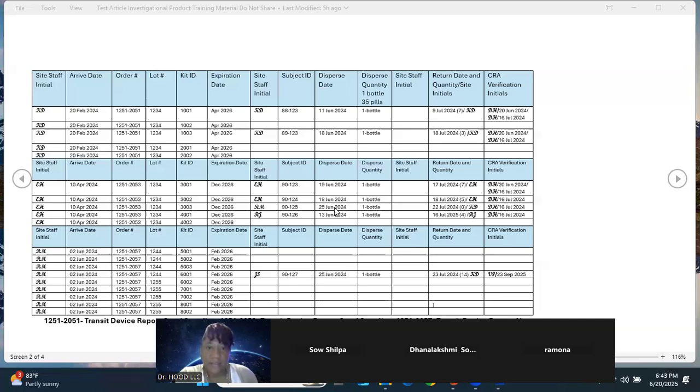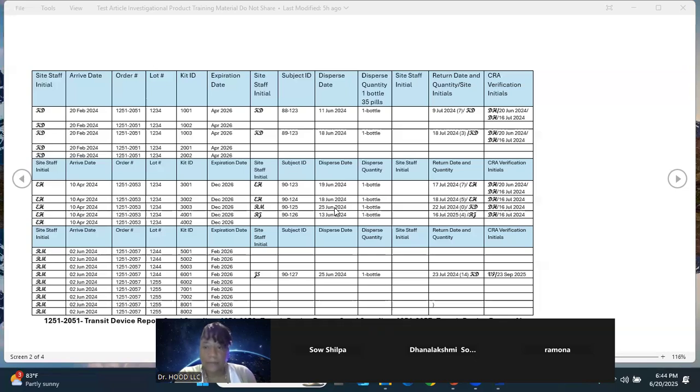You'd say the subject, their subject ID, was dispensed kit number, and indicate what that kit number is, on June 25th, 2024, and returned on July 22nd, 2024. The subject should have returned 8 pills. However, they only returned 0.